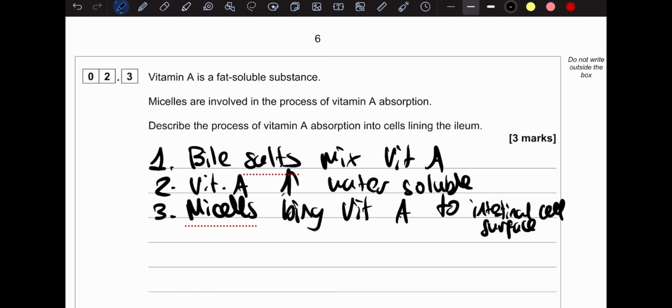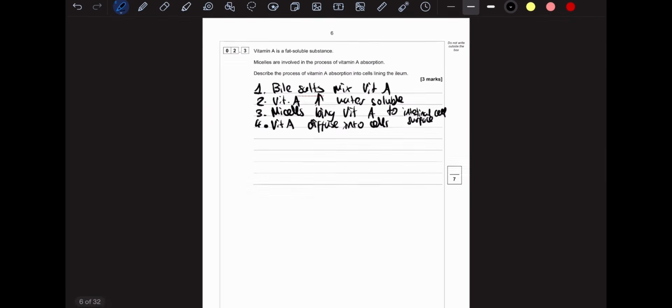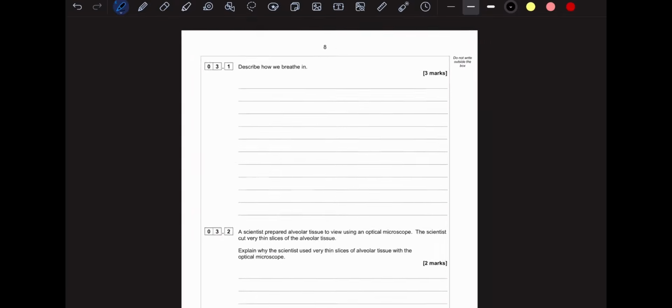And this is important for diffusion, right? As you're keeping this high concentration of vitamin A near the membrane, what's going to happen? Well, diffusion. So vitamin A is going to diffuse into cells just through the cell membrane, right? Passive diffusion. And then further absorption occurs further down, as we know. So yeah, pretty nice question. And we're on to number 3.